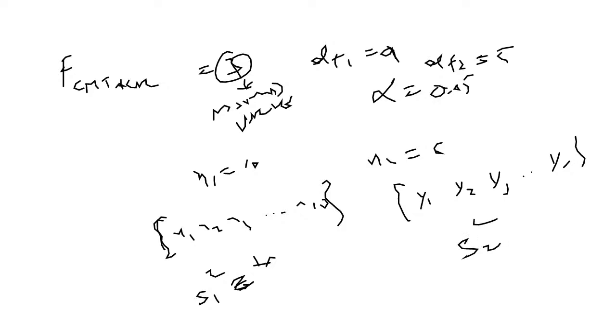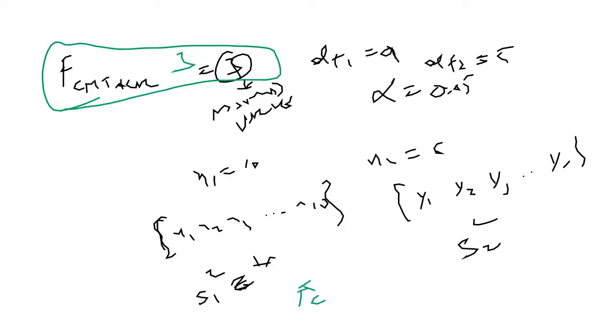Now, when I take the ratio, this is the F critical value, which I have said is 3, and the F calculated value is S1 square divided by S2 square.